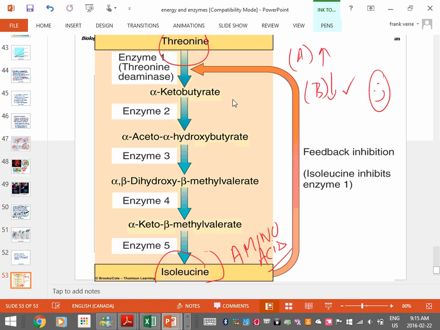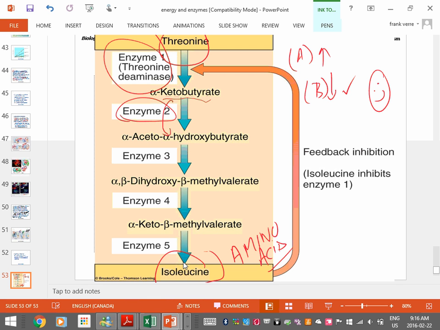So what happens is you have a bunch of enzymes, and here only one of the enzymes is labeled, but there will be 5 of them. So this enzyme over here takes threonine and converts it to this molecule. And then this enzyme over here takes this molecule, alpha ketobutyrate, and converts it into this molecule. And then so on until you get to isoleucine.